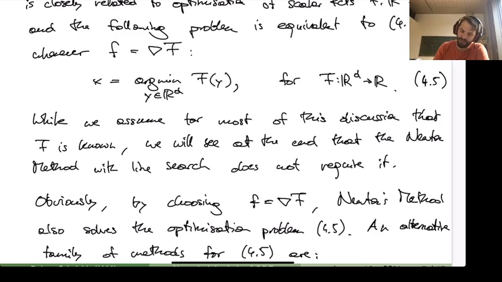And so if we have a certain xk and we go in a direction where the derivative is negative, then we will get a lower value of F. And so by following this procedure, we hope to find the minimum.